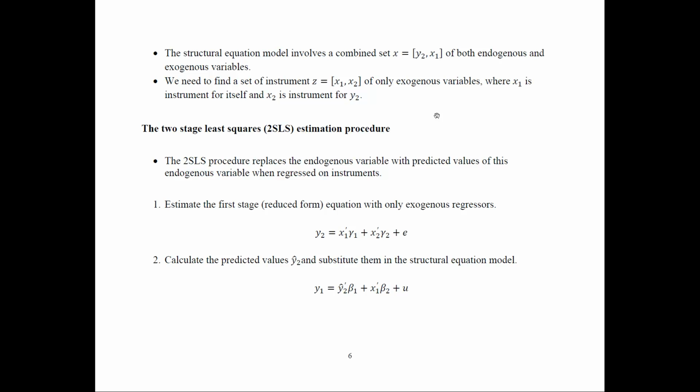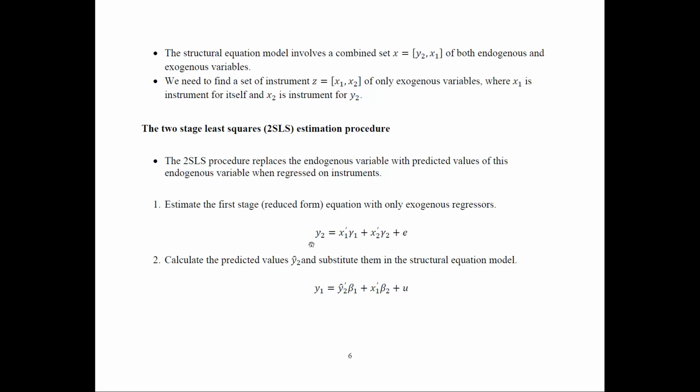So what is this two-stage least squares estimation procedure? Generally speaking, we replace the endogenous variable with the predicted values of this endogenous variable when regressed on the instruments. More specifically, here is stage 1, the first stage, or the reduced form equation with only exogenous regressors.